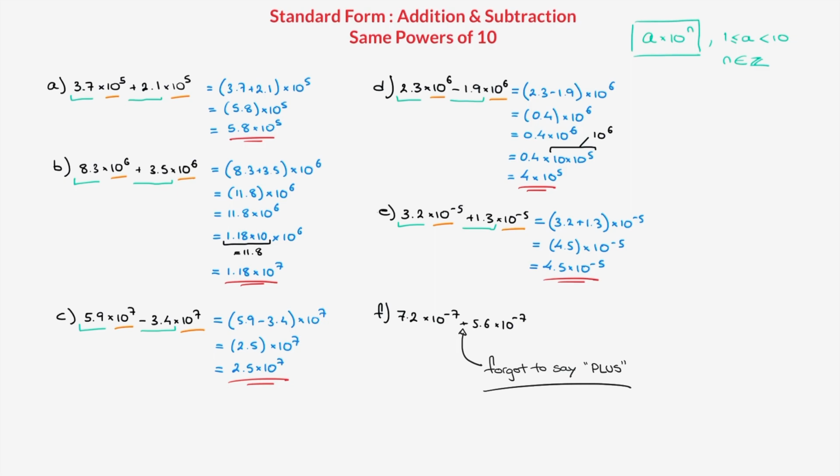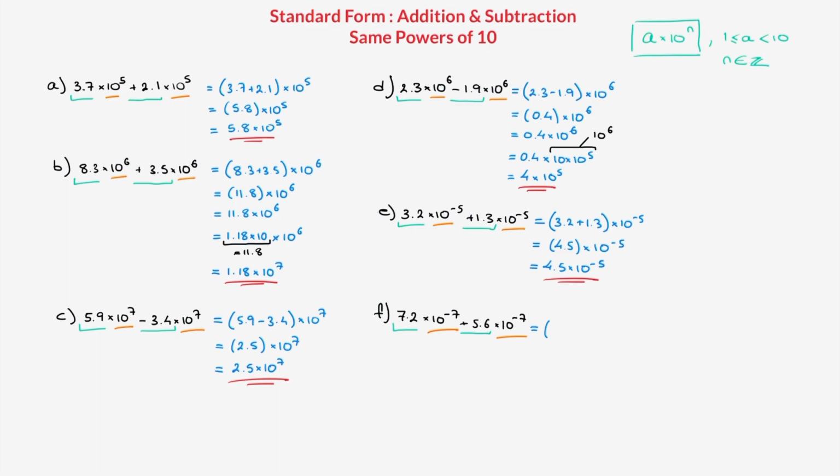Okay, well, as in all the examples of this video, we start by noticing that both of these numbers involve the same power of 10. Indeed, we have 10 to the power of negative 7 here, and 10 to the power of negative 7 here. Consequently, to calculate this, we can write this expression in factored form, and we can state that it's equal to 7.2 plus 5.6.